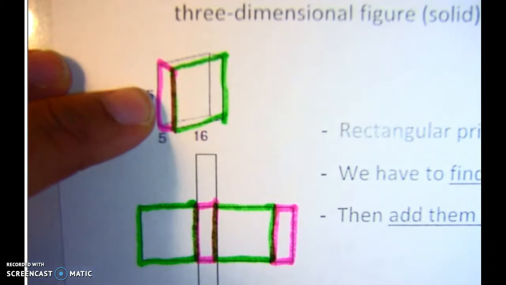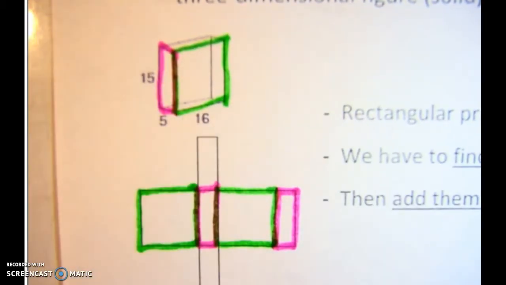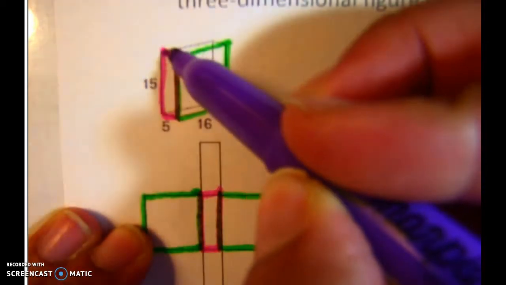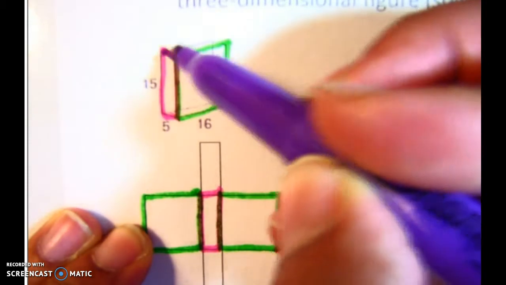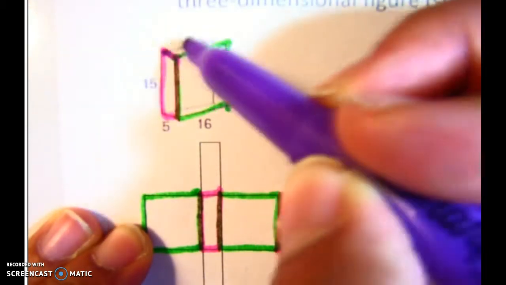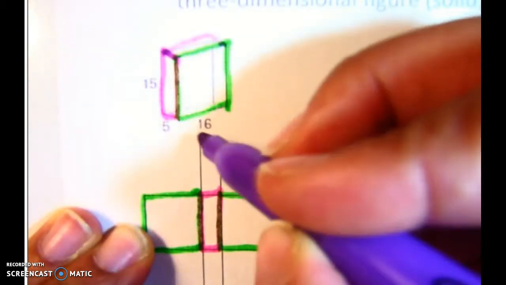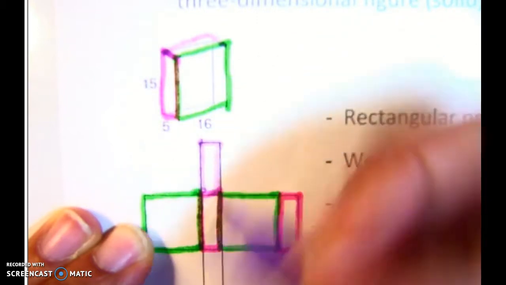Those would be the left and the right side. And then you have a top and a bottom. I'm going to use purple. So you have a top, and this is 5, because all these little edges are 5, and these edges are 16. So this is a 5 by 16, like the top and the bottom.